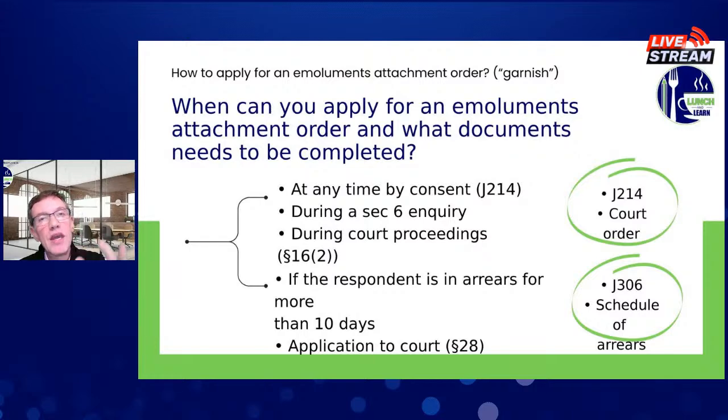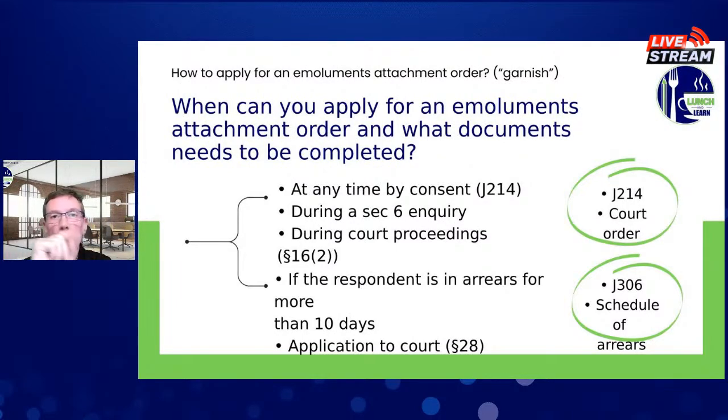Together with that, you need to show the court what amounts are outstanding. So you would draft a schedule of arrears and attach that to your J306 form. In the little blocks, as also mentioned in the handout discussing how to fill in the J306 form, you mark that portion where it says garnish or emolument attachment order, or attachment of emoluments.